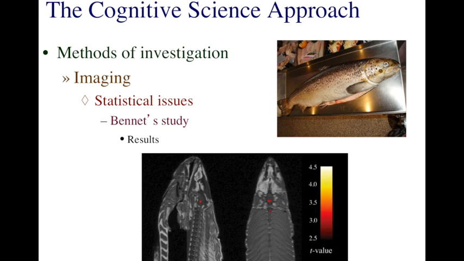So to do that, they used a dead salmon. They put it in the machine. They even presented it with the pictures, just like they would a real participant, and then did their analysis. But because they didn't correct for those multiple rolls of the dice, we find these areas that become active. I think it's an important warning to people who do MRI research.